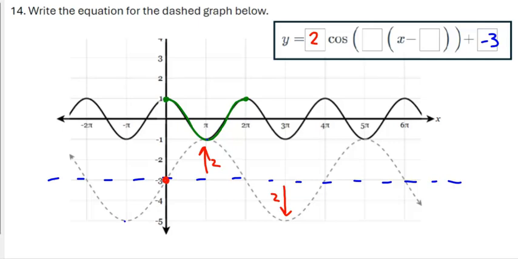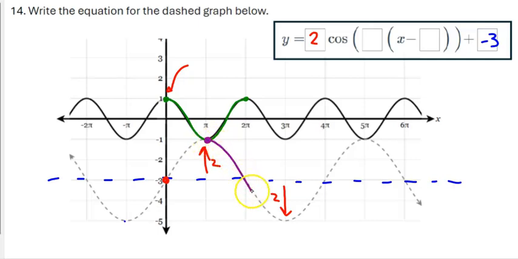So what I'm looking for is, on my dashed graph, where's the highest point? So similar to the cosine graph, the highest point is on the y-axis. So the highest point, I have two options here. I'm going to choose this time the one to the right, and that would be here.